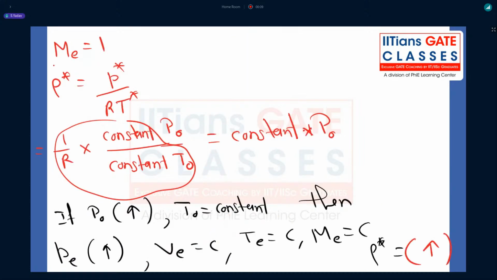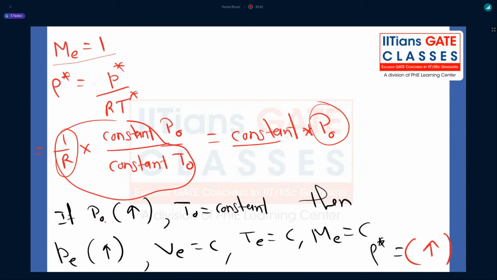Finally, exit Mach number is always going to be 1 because it is a convergent nozzle and choked. And for rho star you can write P star by R T star. 1 by R you can take out separately because it is constant, P star we have already derived is a constant times P naught, and T star is a constant multiplied by T naught. Combining all constants together, finally it is a function of P naught.